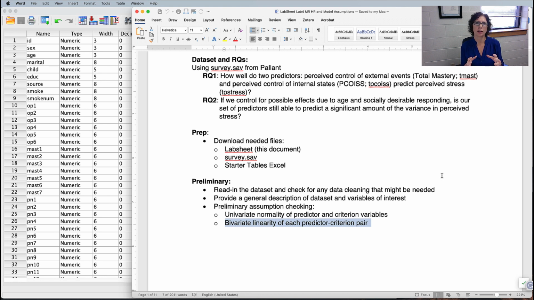So we want to pull away the variation that's already being explained due to someone's age or their social desirable responding, and then see, out of the variation that's left to explain, are these predictors of total mastery and total perception of control of internal states still able to predict a significant amount of variation in that outcome of total perceived stress? So that's where we're going with those questions and the analysis that we're using to answer them.